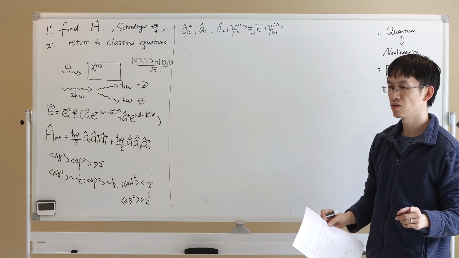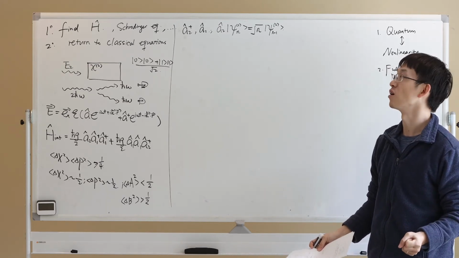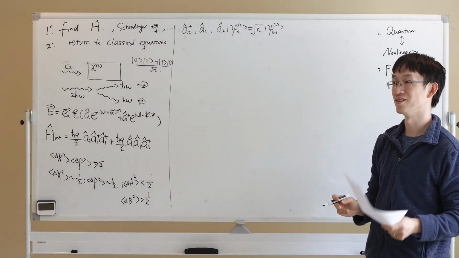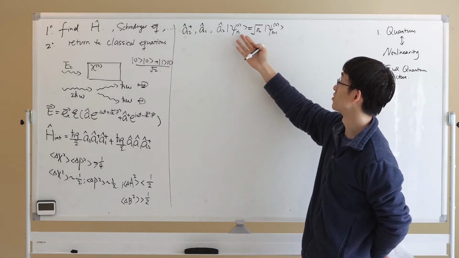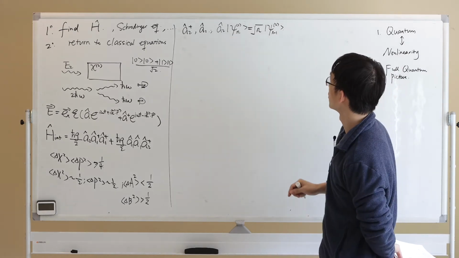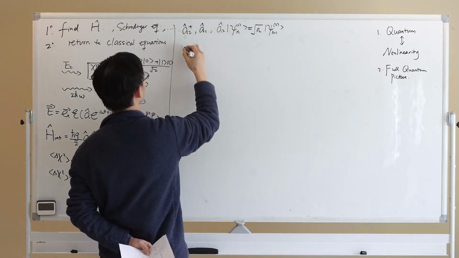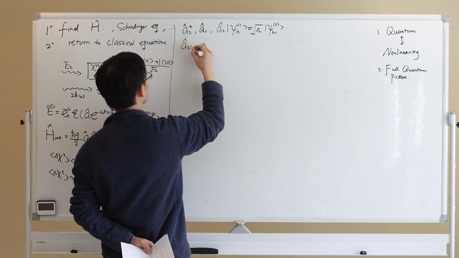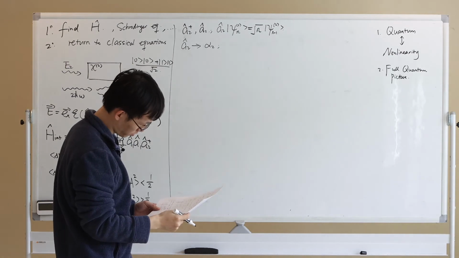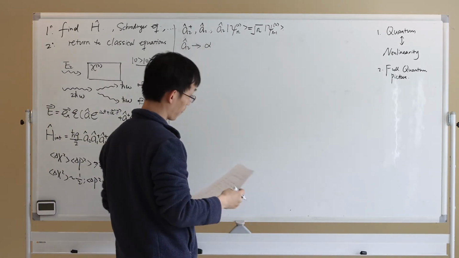Now, if the photon number is very large, it's a classical laser field with billions of photons, it really doesn't make much difference when you reduce from n to n minus 1. So A2 can be reduced to a number alpha 2. Or in many cases people just write it as alpha because that's the only number you have.